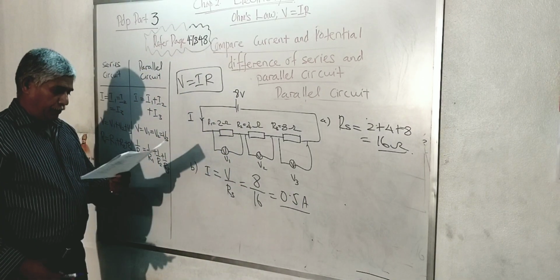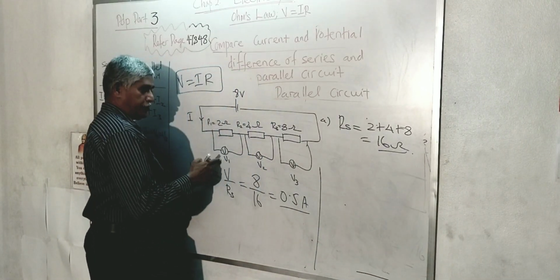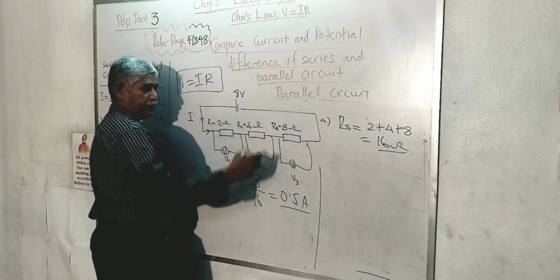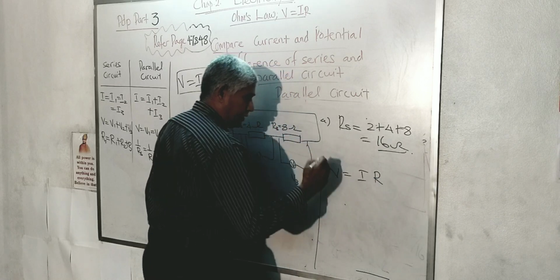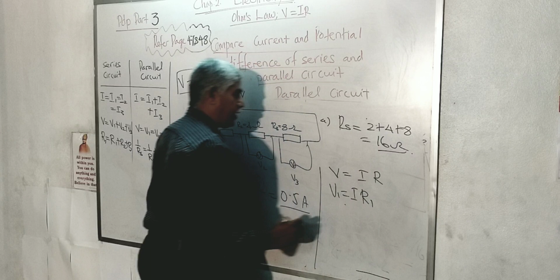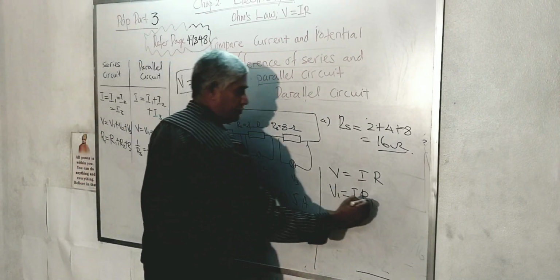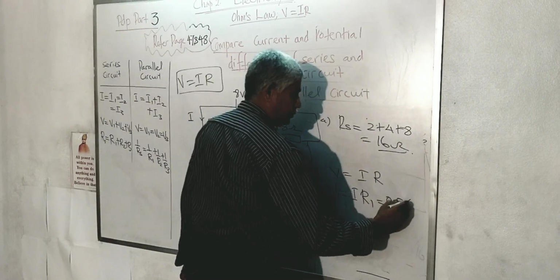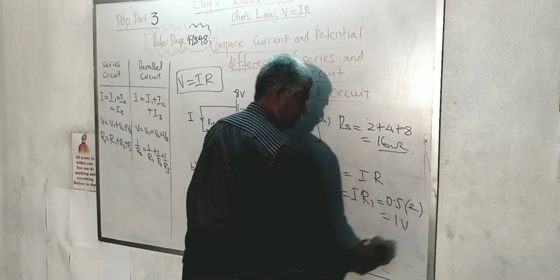Simple as that. Now they ask, what are the voltages V1, V2, V3? Remember the same current passes through every resistor. So voltage is current times resistance. V1 is I times R1, the same current 0.5 times resistance 2, so we get 1 volt.